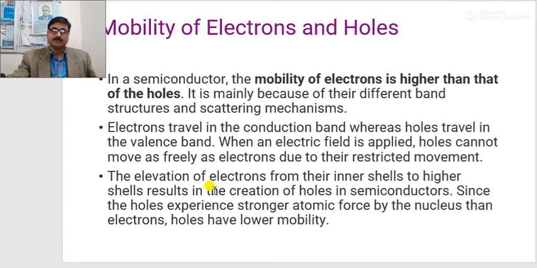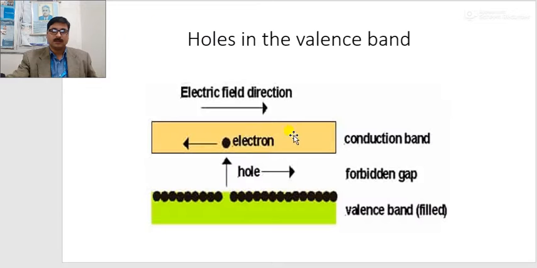Next point is, in the semiconductor, the conductivity of electrons is observed in the conduction band, and holes exist in the valence band, so holes give current in the valence band.